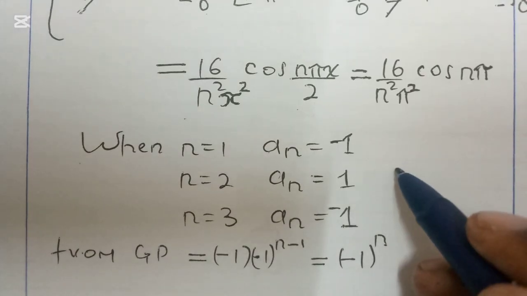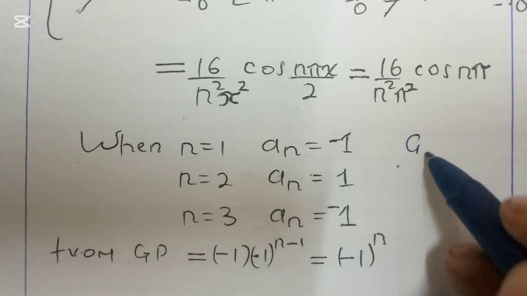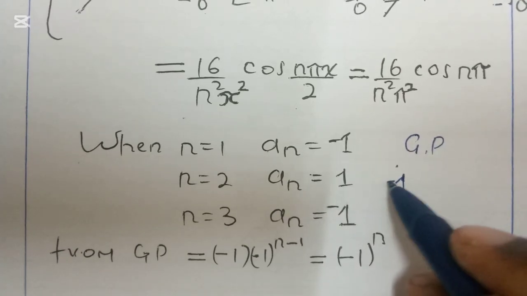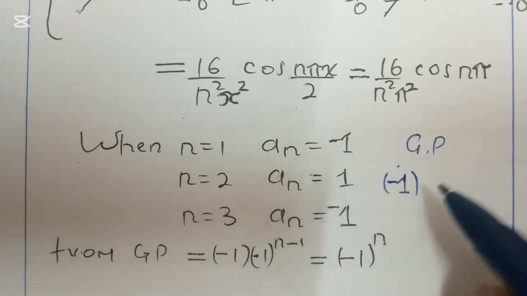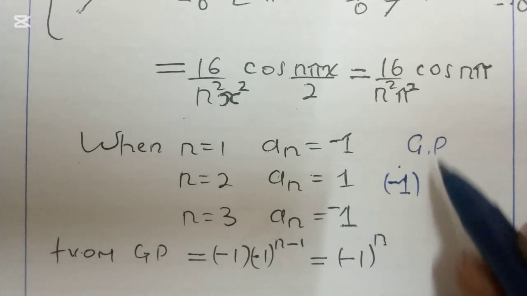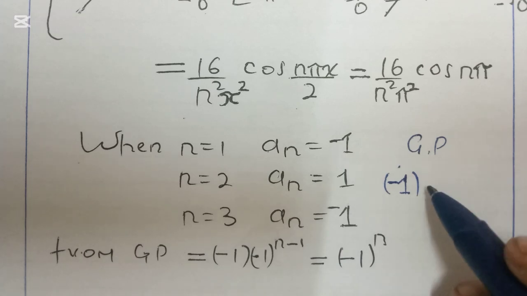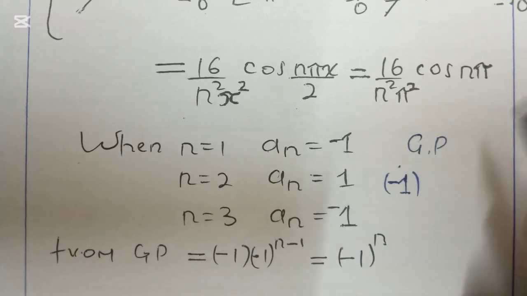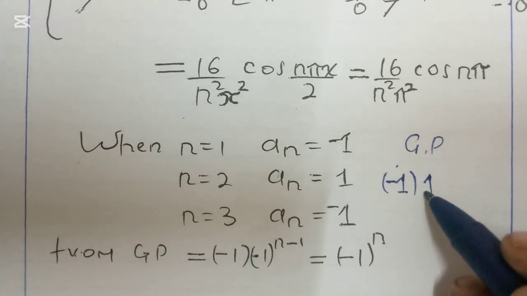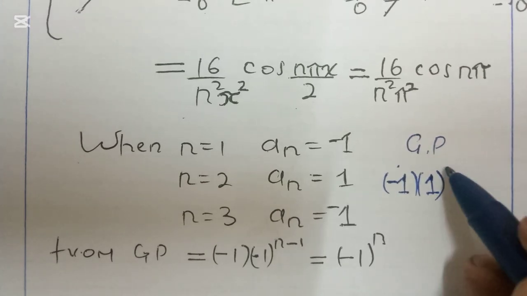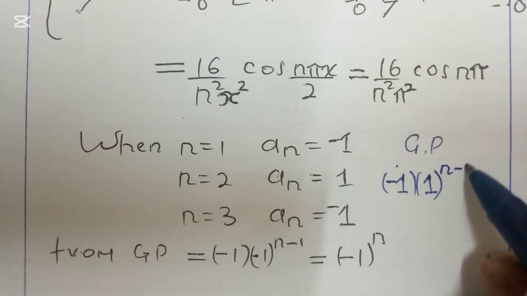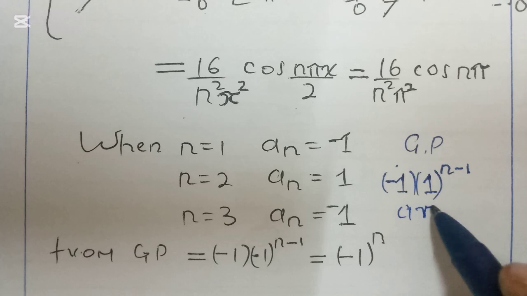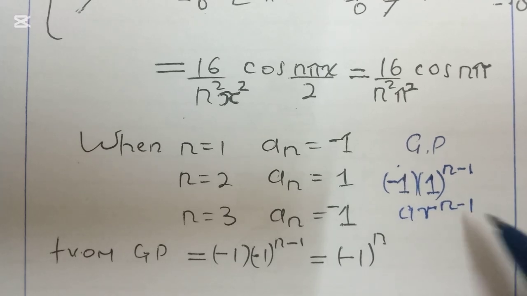The first term is -1, which is the A. Then the R is supposed to be -1, because if you multiply -1 times -1, you get 1. So this is the R, and it is raised to n minus 1. In other words, this is A R to the n minus 1.